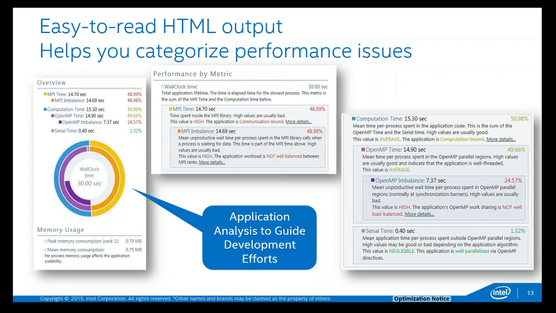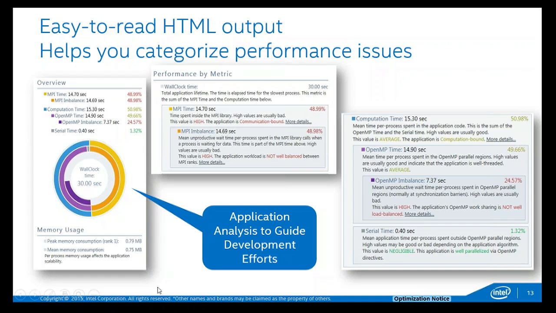But then you can also see a breakdown of, aside from MPI and OpenMP, the rest of the time is serial time. And in an application that's parallelized, you want to minimize the amount of serial time, because that would be your ultimate bottleneck, right? You're only as parallel as the amount of serial time you have in your application.